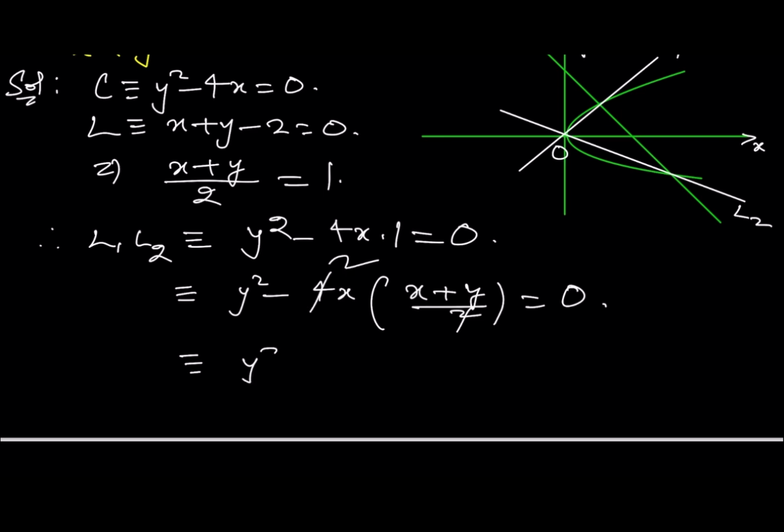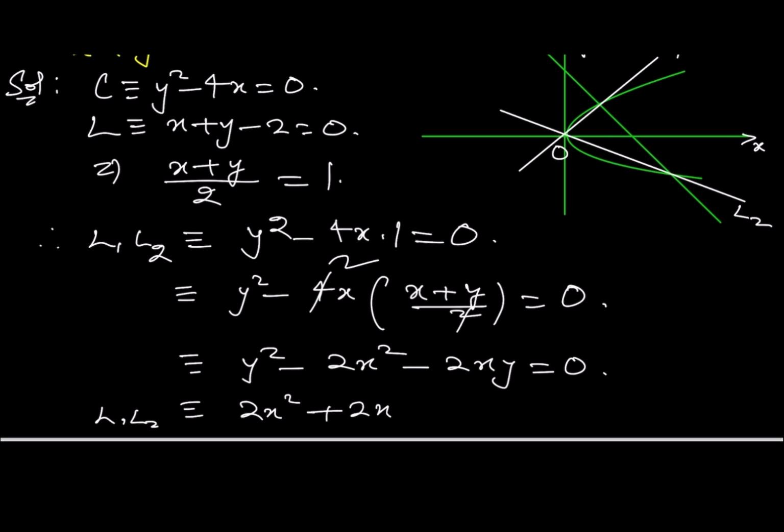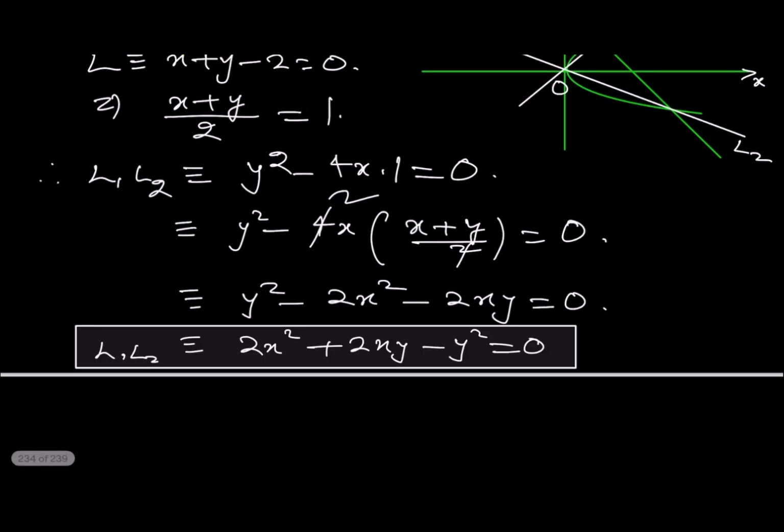So this is y square minus 2x square minus 2xy is equal to 0, or 2x square plus 2xy minus y square is equal to 0. So this is the required pair. As we can see, this is a homogeneous equation of second degree which represents a pair of straight lines passing through origin.